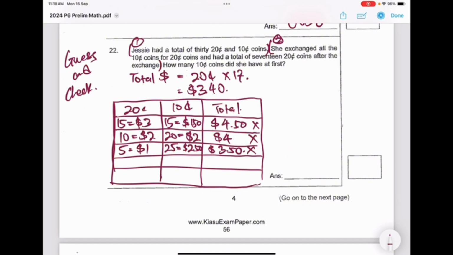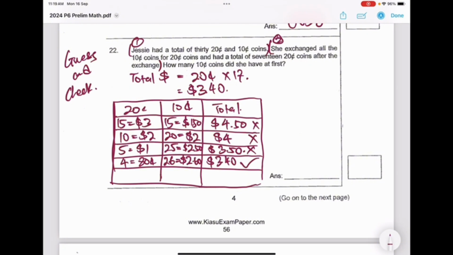So what I want to do is to bring it down to 4 20 cents, which will give me 80 cents, and I will be left with 26 10 cents. 26 10 cents would give me $2.60. Adding 80 cents and $2.60 would give me $3.40. And we know now that this is the combination of 10 cents and 20 cents that Jessie has.